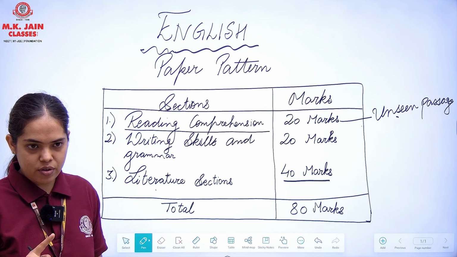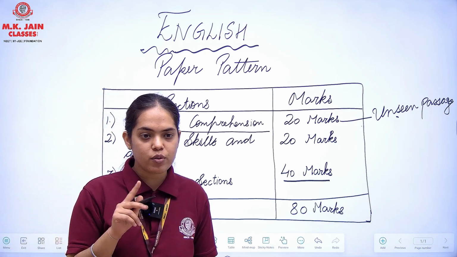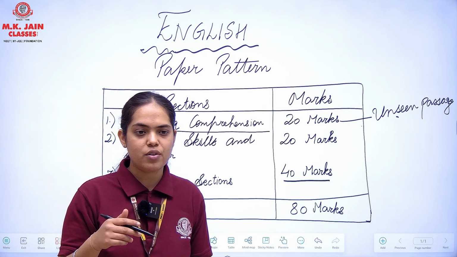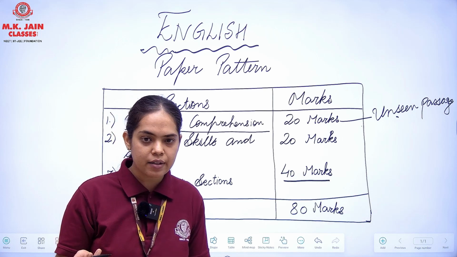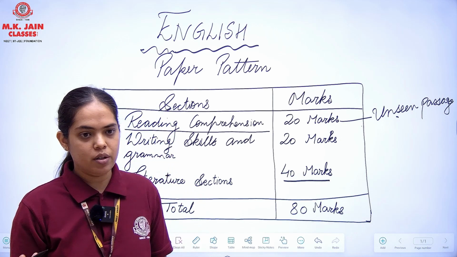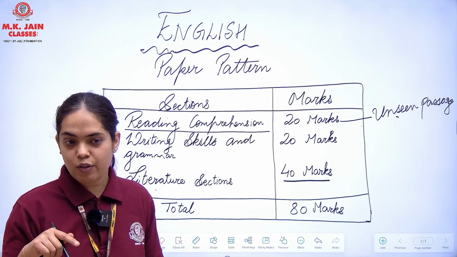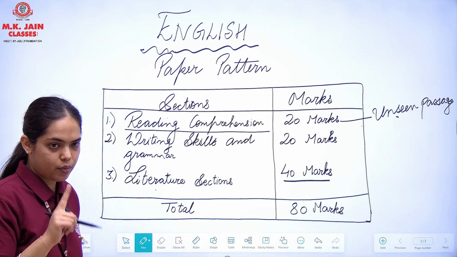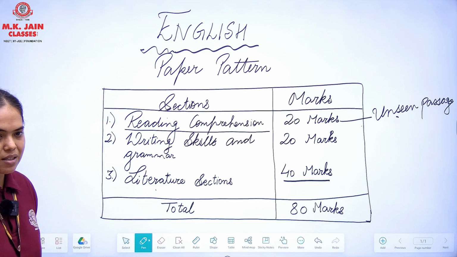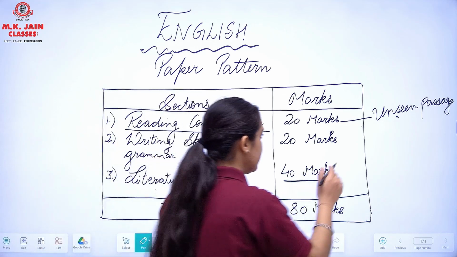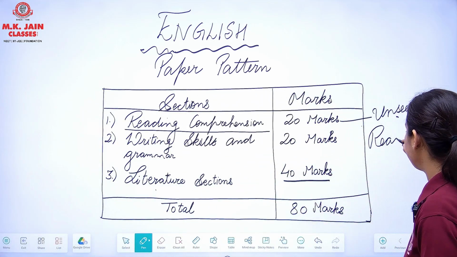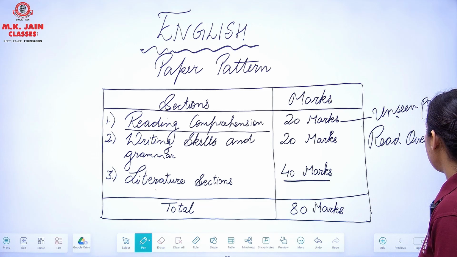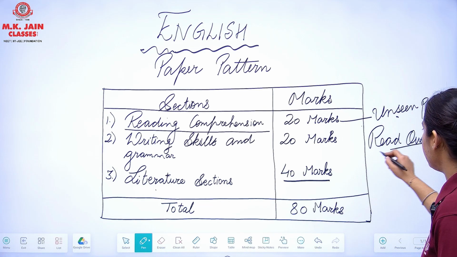Once you read the questions, you have in your mind what you have to find out. Say, for example, if they've asked you for a synonym, an antonym, or a common word, how will you find it unless you have read the question? So first read the questions, and then move on to reading the unseen passage.